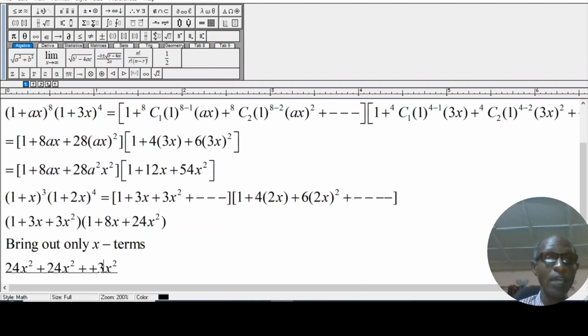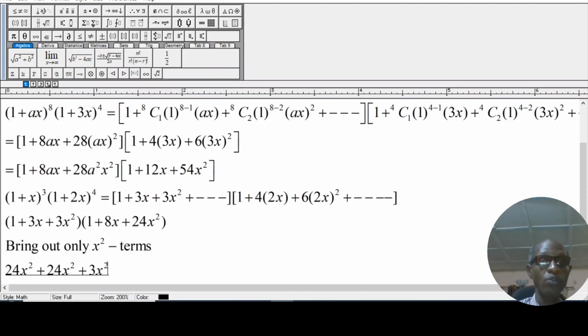So if we add those together, we need only x squared terms. So if we add everything together, that will give us 48 plus 3, that will give us 51x squared. So that's just for the x squared terms.